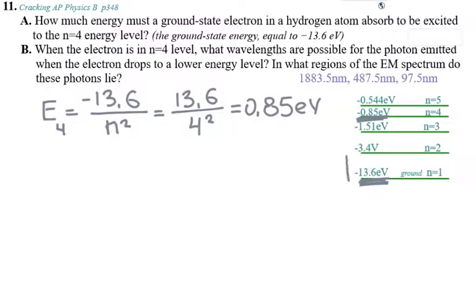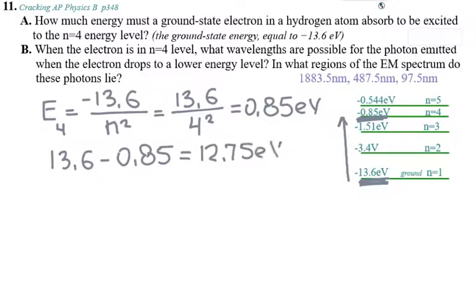That is 13.6 minus 0.85, which gives me 12.75 electron volts. This is how much energy you have to absorb to jump to the 4th level.